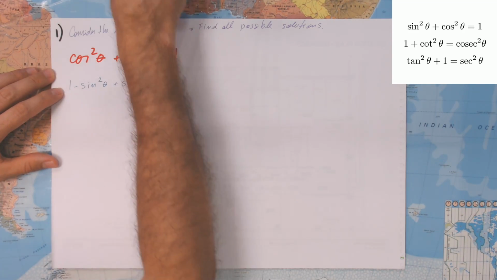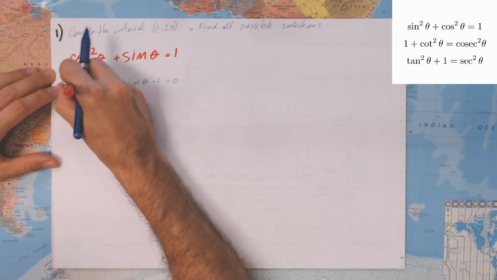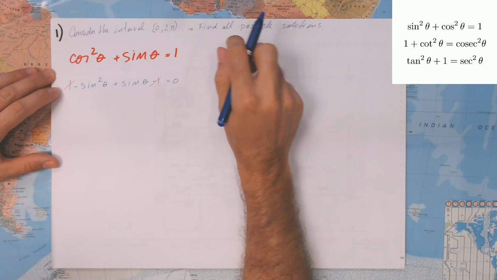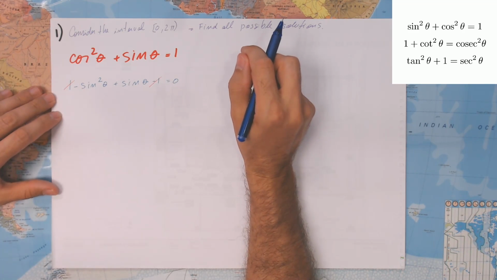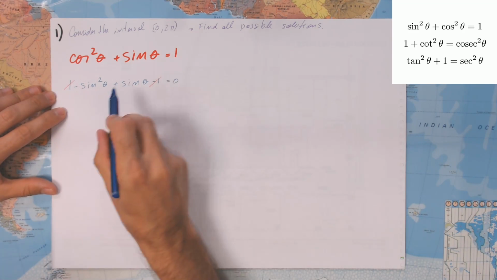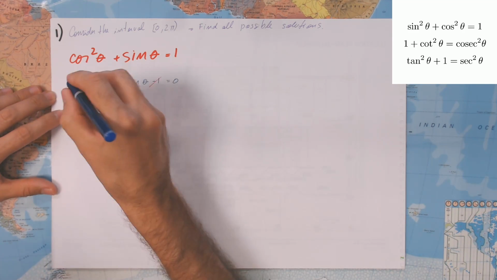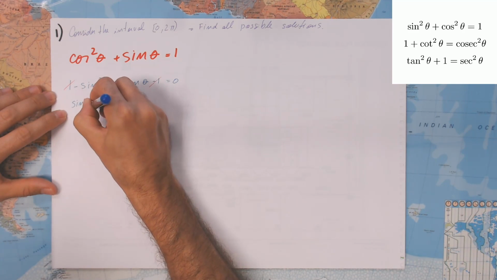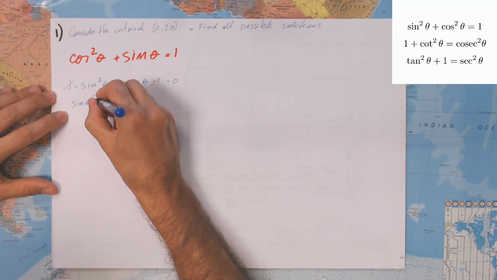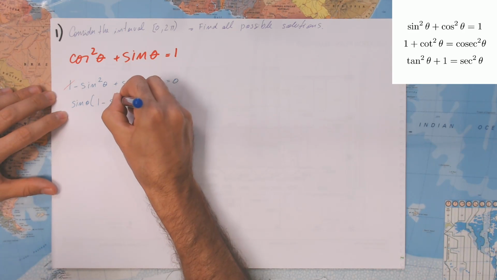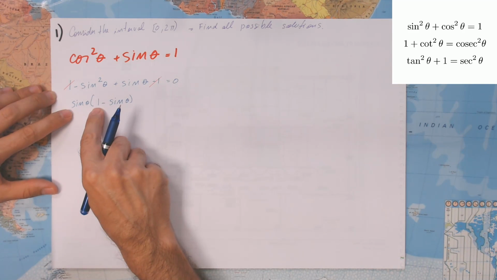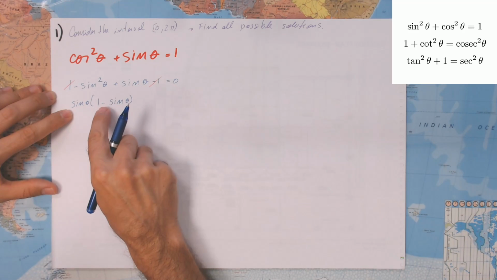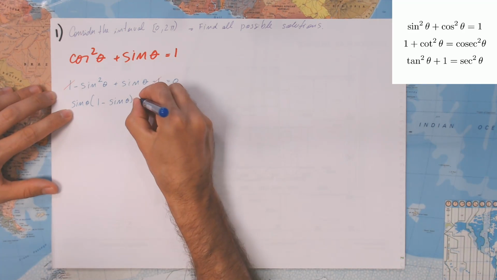Well, we can see that we're going to cancel this with this one. Now, this is interesting because, look, I can put it like this. The sine of theta, we can write like this: 1 minus sine theta. Sine theta positive, negative sine squared equals 0.